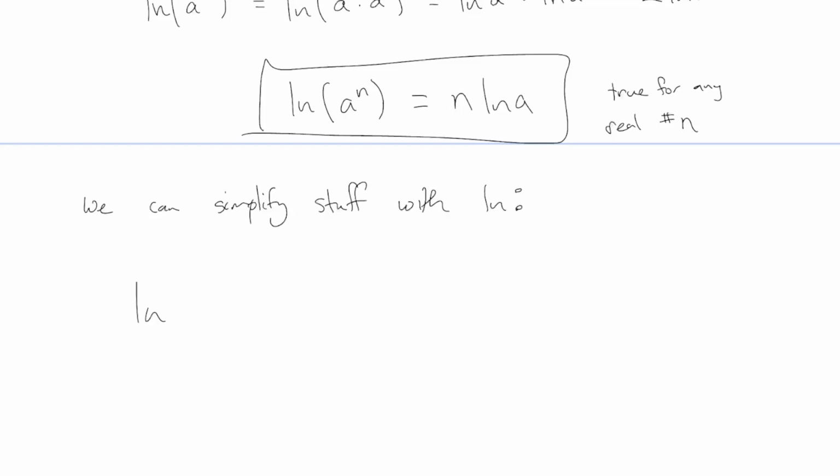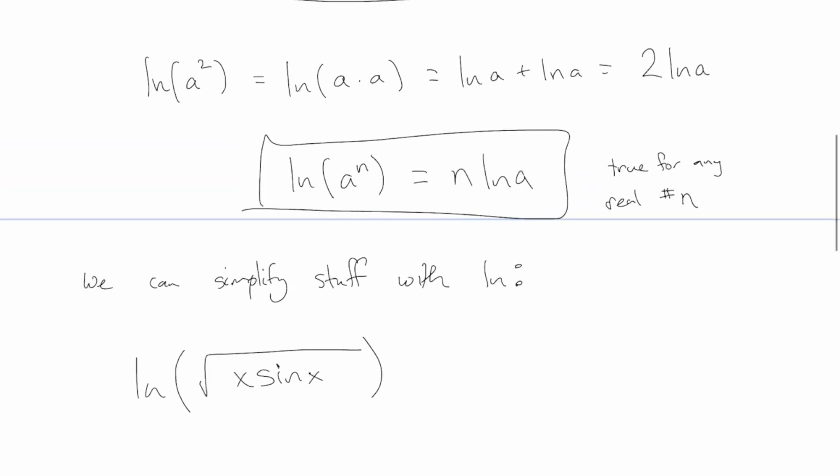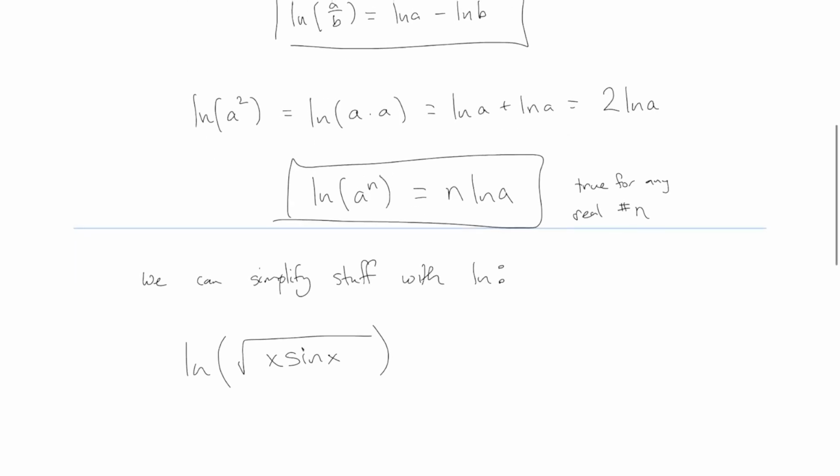For example, can we simplify the natural log of square root of x sine x? Simplify that as much as we can, all right? First of all, how shall we handle the square root? Any ideas about that? None of the properties in boxes that I wrote up here have a square root in them, but actually we can handle the square root using this stuff, yeah?